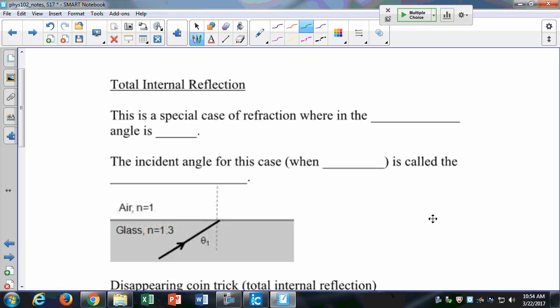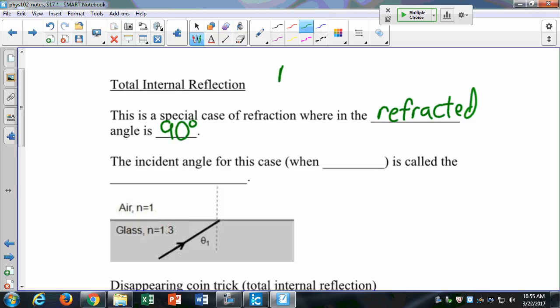Okay, so total internal reflection is very similar to what we've been talking about. It's a special case, really, of refraction, a special case of the law of refraction, where the refracted angle is 90 degrees.